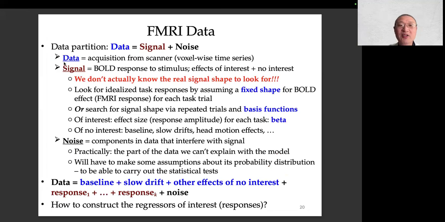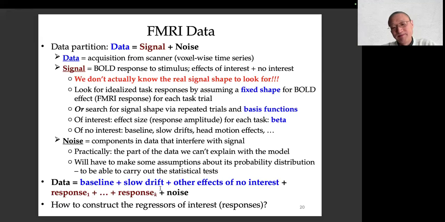So on the left-hand side, that's the data from the scanner. We hope we can separate the signal from the noise, right? The signal is basically, in this case, the BOLD signal. Suppose we have two tasks, happy and sad.